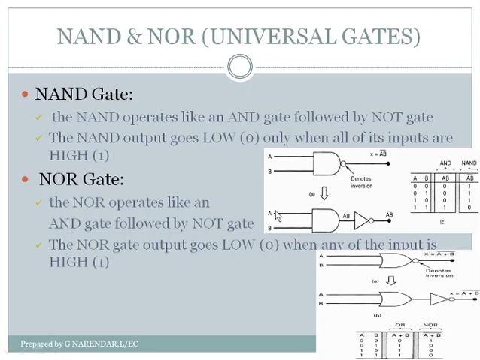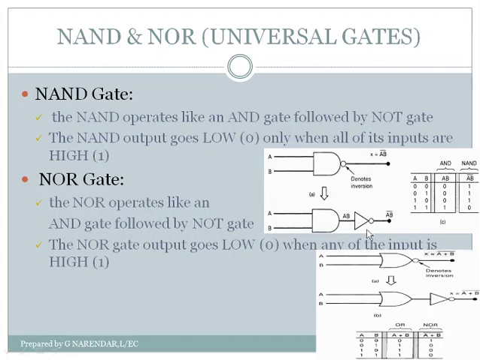Here the variables A and B are given as input for the AND gate. The AND gate output is the logical multiplication of the input variables A and B, that is A dot B, or simply AB. This AB is given as input for the NOT gate.